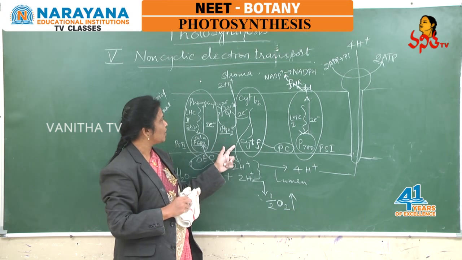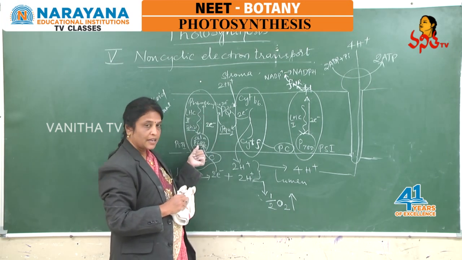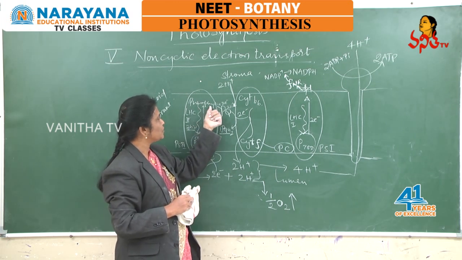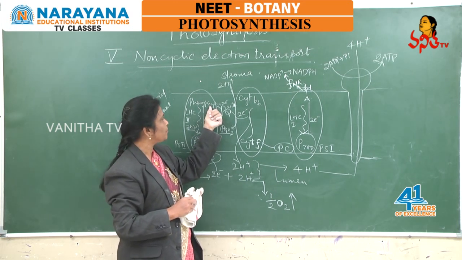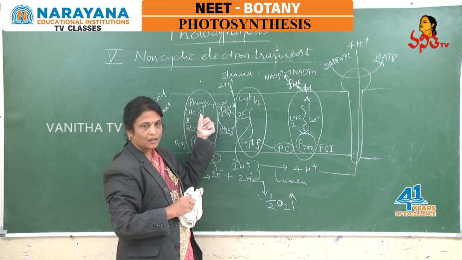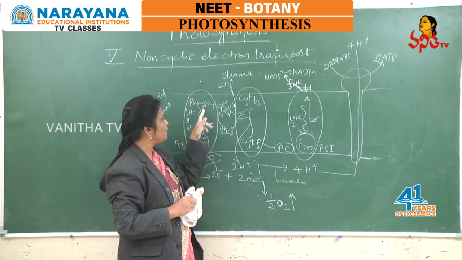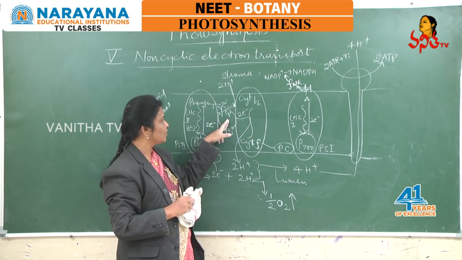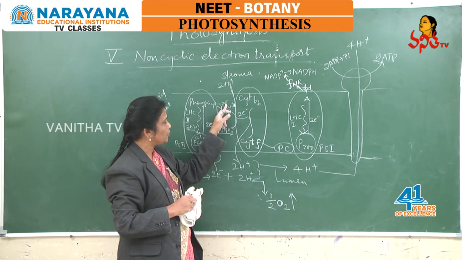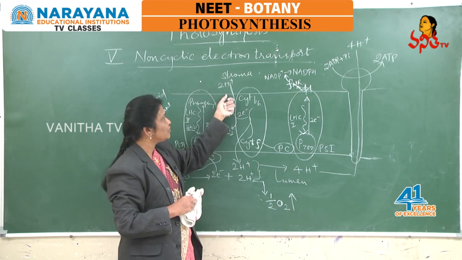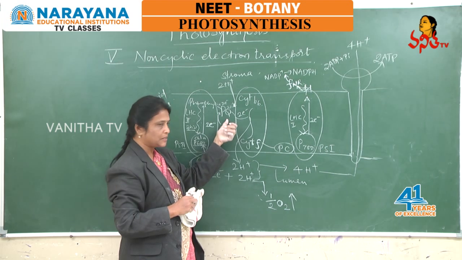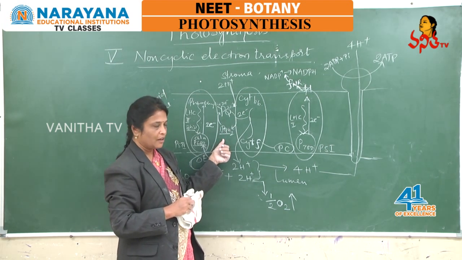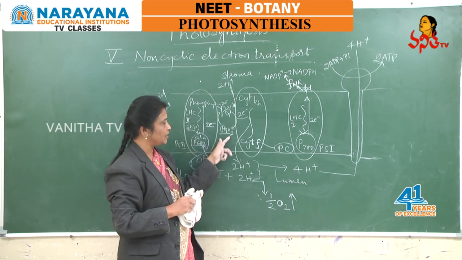So I will repeat once again. Here the excited P680 liberates 2 electrons, and those 2 electrons are received by a primary acceptor, that is pheophytin, located in LHC2, and from pheophytin the electrons are received by plastoquinone, and plastoquinone receives electrons from pheophytin and pulls the protons from stroma by active process and reduces to plastoquinol, okay, and again immediately gets oxidized.